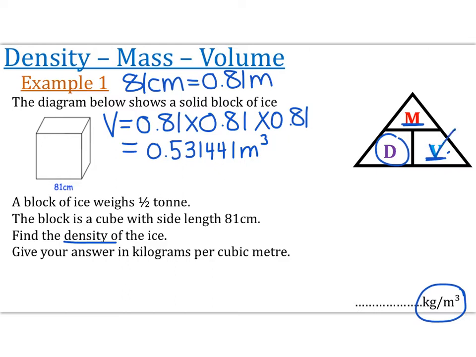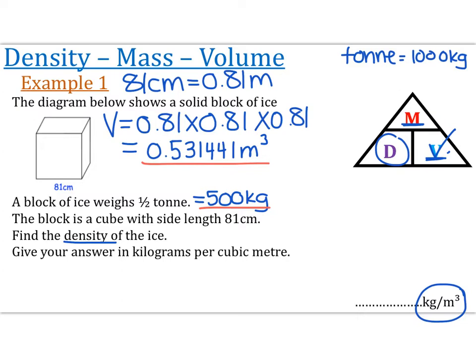So we found the volume. Now we have to find the mass. Half of a ton. Well, 1 ton is actually 1,000 kg. So half a ton must be 500 kg. Now we've got the measurements we need: a volume in meters cubed and a mass in kilograms. So we can go ahead and find the density.